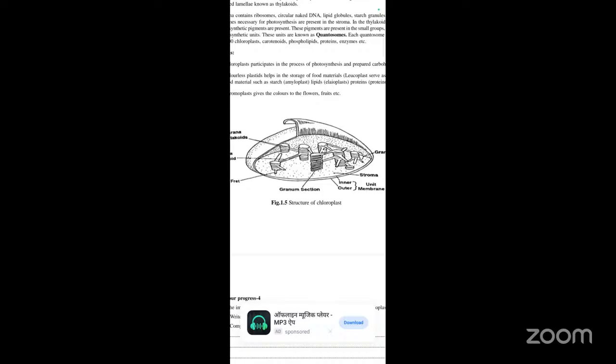Mainly DNA polymerase enzymes are involved in DNA replication: DNA polymerase 1, polymerase 2, and polymerase 3.